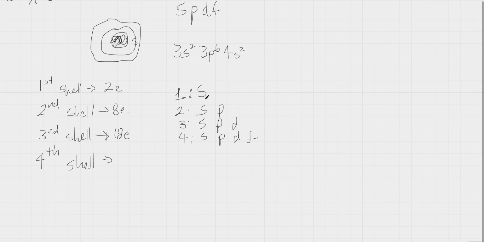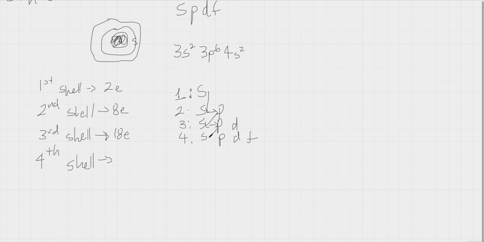So what actually happens is that the electrons will fill in this order. First s shell, second s shell, and then the p shell, and then the s shell, and then the third p shell, but it'll actually go to the fourth s shell before going to the d shell of the third one.